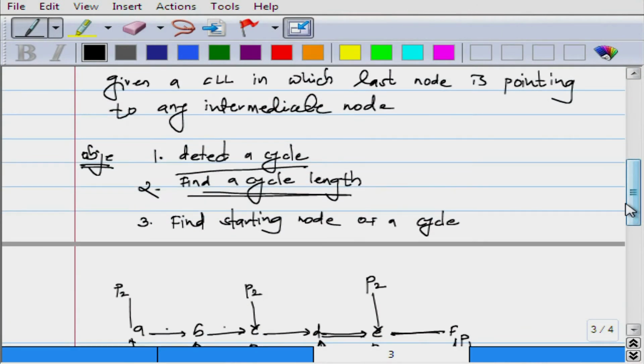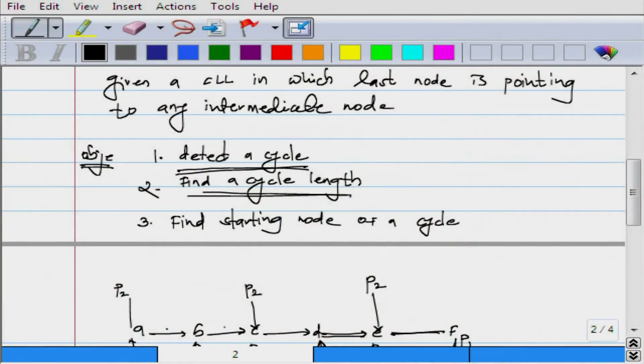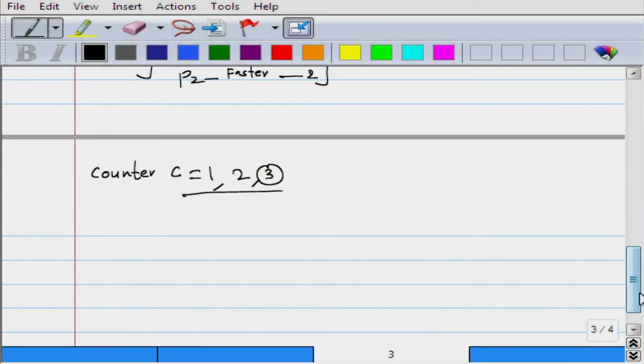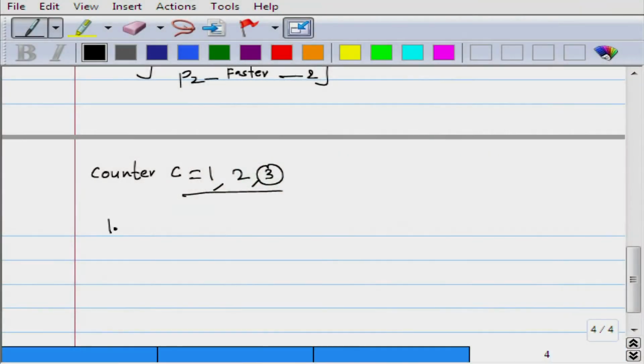So far we have achieved two different objectives. The first objective was detecting a cycle, the second objective was finding the length, and our last objective is to find out the starting node of a cycle. The earlier two objectives which we have achieved, I will just rewrite: we have identified a cycle, and second, we have identified the cycle length.